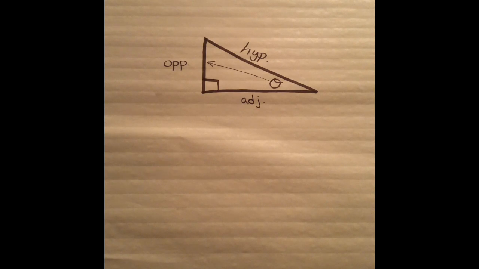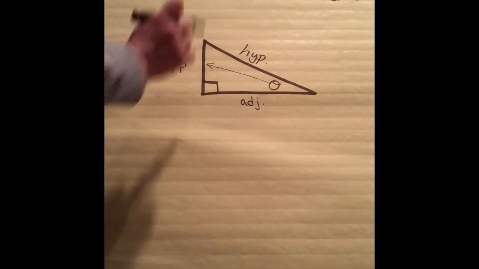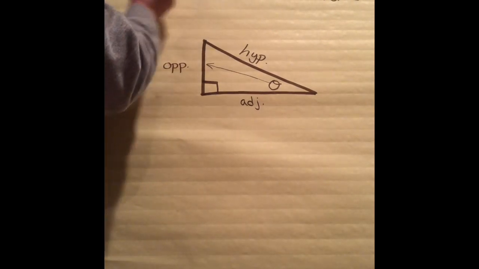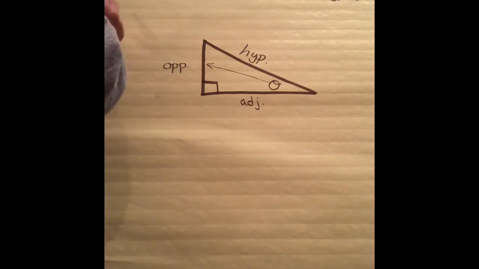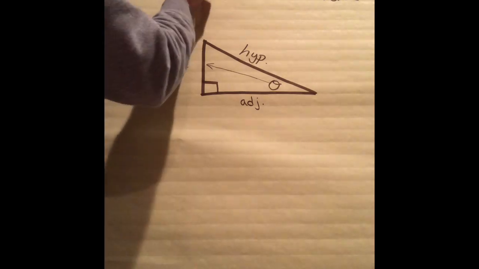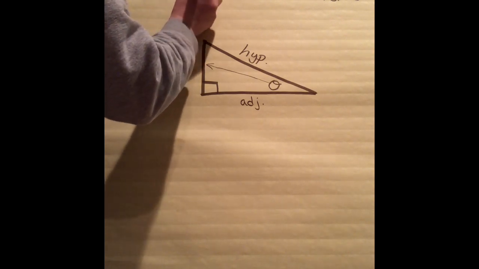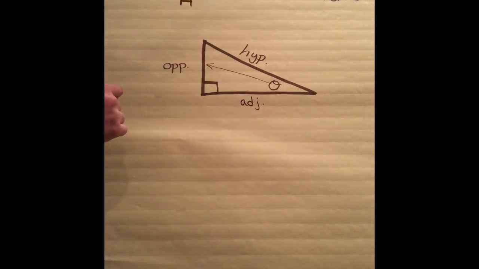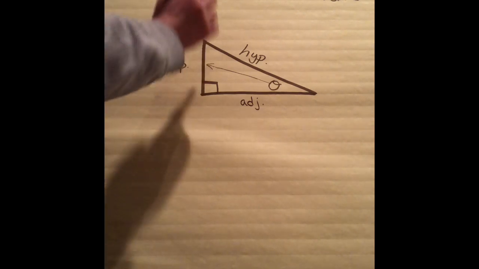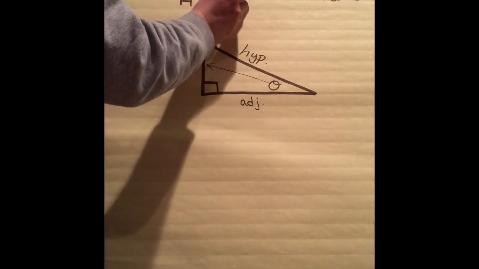So sine of theta, we can remember what that is because of this acronym, SOH, O and H. So sine is just a ratio. It's a ratio of the opposite side over the hypotenuse. Cosine is just a ratio.